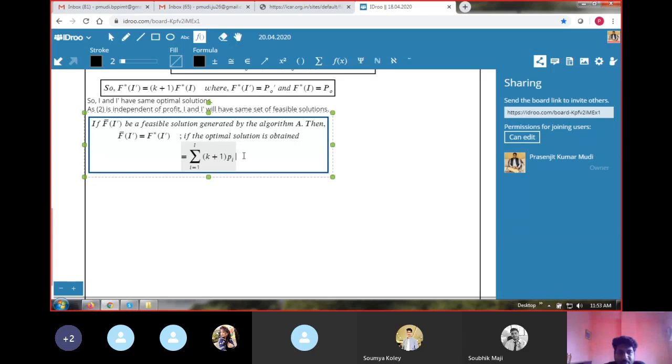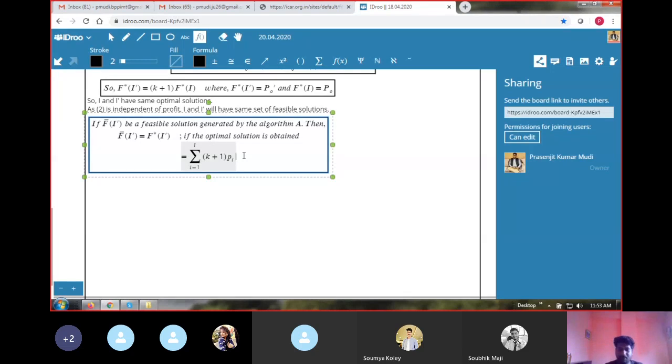So summation over pi xi has to be maximum. That means all the n profits may not be contributing towards this summation. Maybe at least one profit is not.